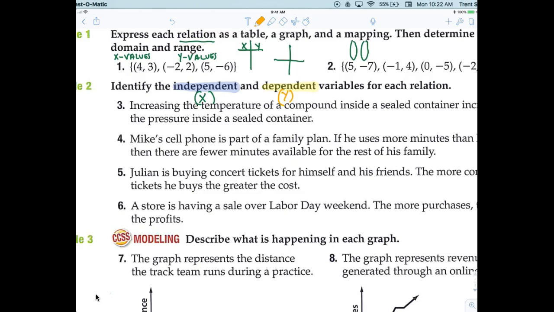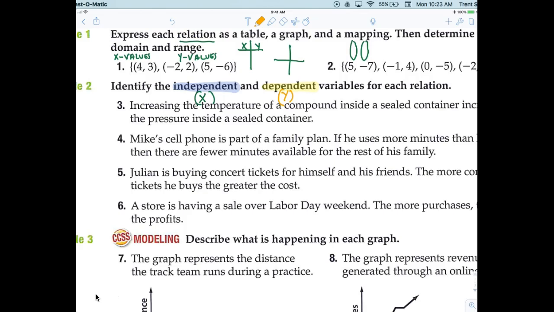Now, how I try to remember that is x can be anything, but y depends on whatever x is. Is everybody with me on that? That's how I think a good way of remembering. Y depends on x. X is completely what? Independent.